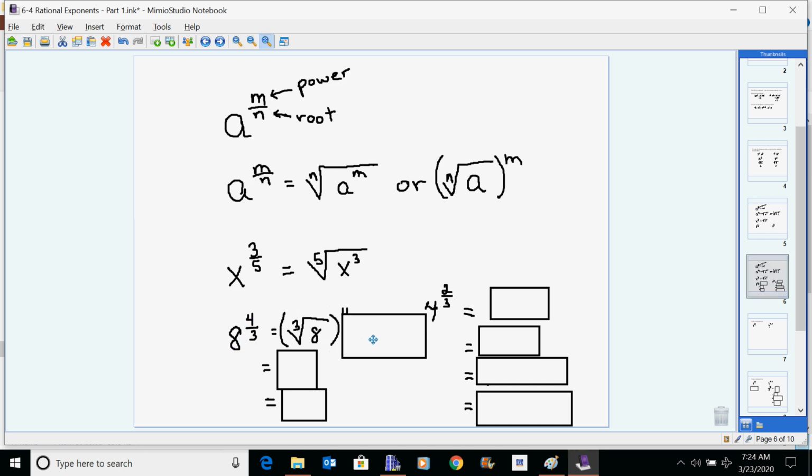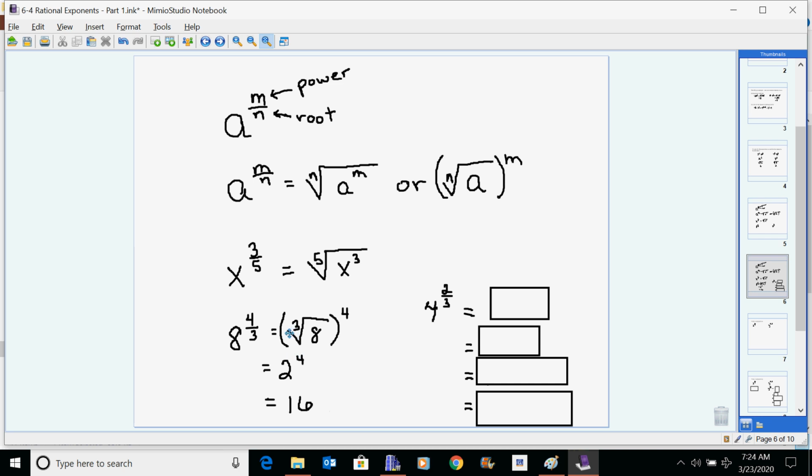So for example, this one, because finding the cube root of 8 is a pretty easy thing to do, we're going to do the root first and then take the power. So our cube root of 8 is 2, and 2 to the 4th power is 16.